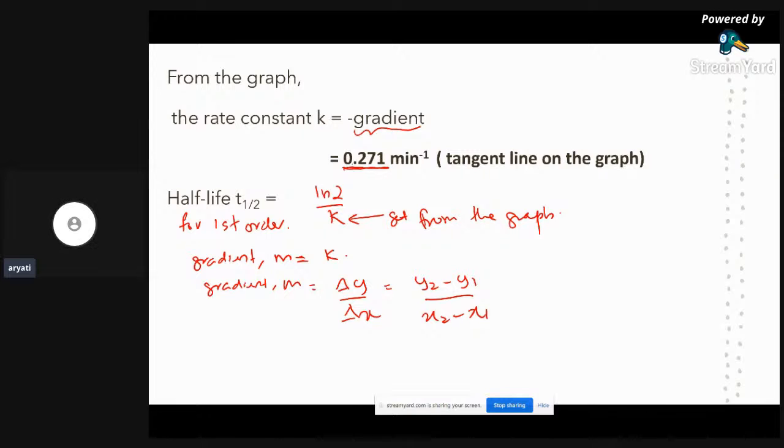So this will equal to the value of k. Okay, after we get the value of k, we can calculate the half-life. So half-life, ln 2 over, put the value of k, 0.271. So you will get the value of half-life will be equal to 2.56 minutes based on the calculation.